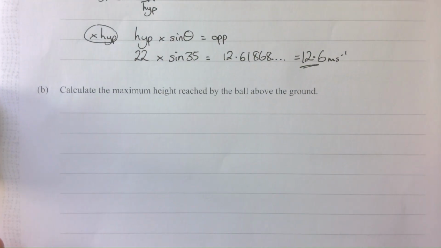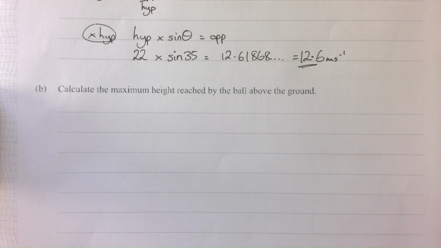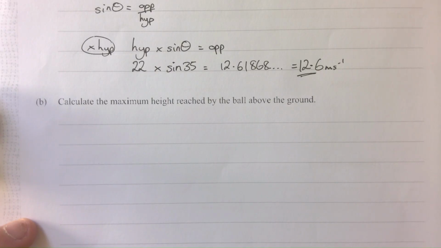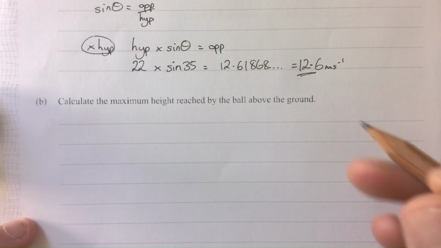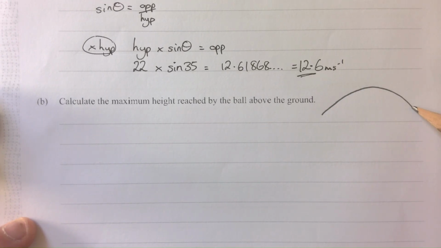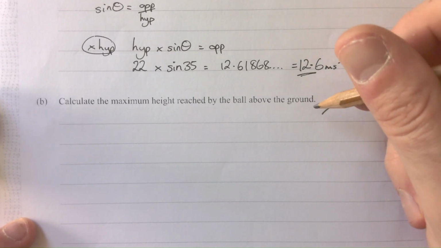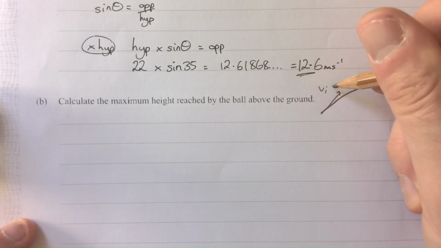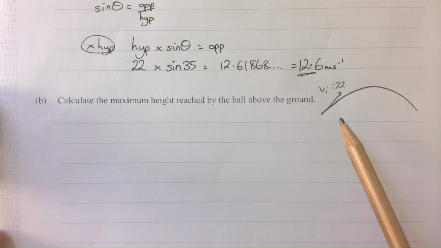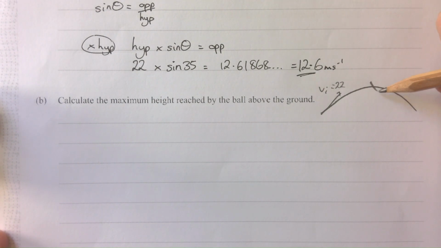Now, for this next part, we are asked to calculate the maximum height reached by the ball above the ground. Just to save me moving it up and down, I'm going to do a very quick sketch showing the path of the ball again, with its initial velocity, VI equals 22, labelled on there. Now, the maximum height from this diagram occurs here.